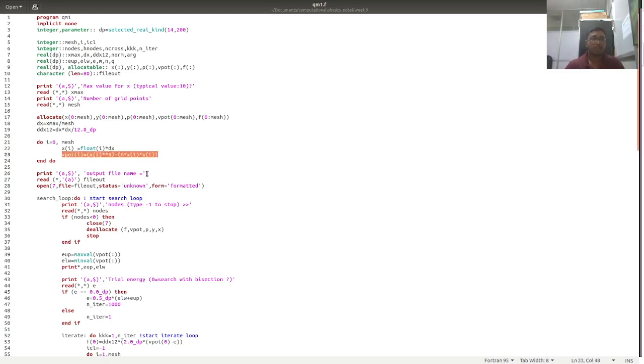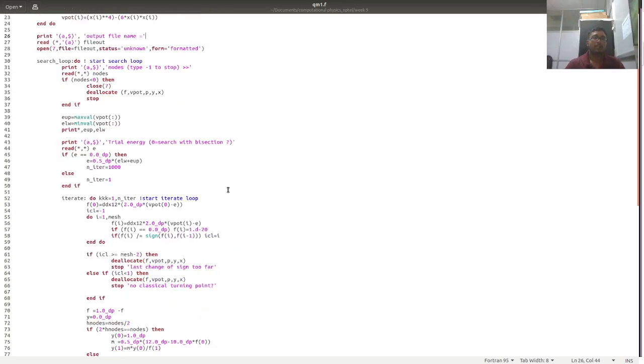Okay. Then I am going to give the output file name, and then we are going to open that file, and then I am going to open a loop which will search for the number of nodes, how many nodes we are getting for our bisection method, at each iteration.